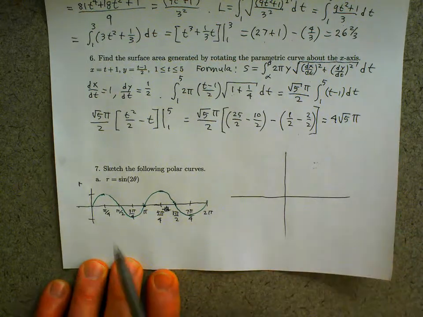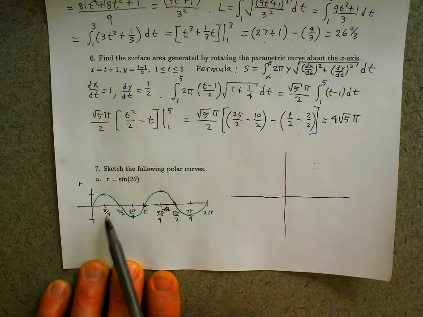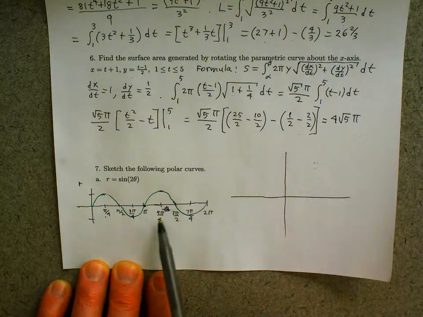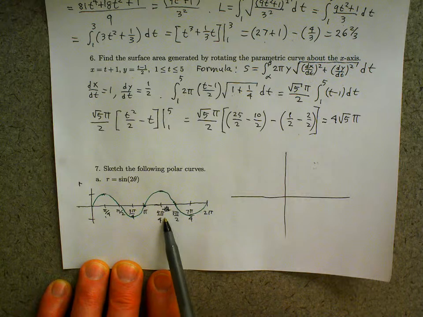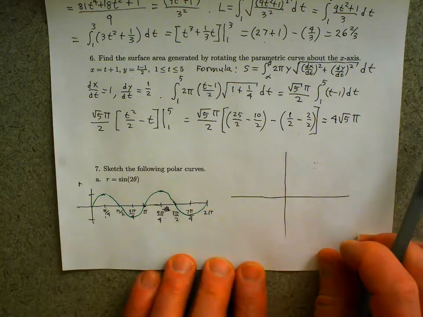Hey, notice the first high point occurs at pi over 4, a low point at 3 pi over 4, another high point at 5 pi over 4, and a low point at 7 pi over 4.